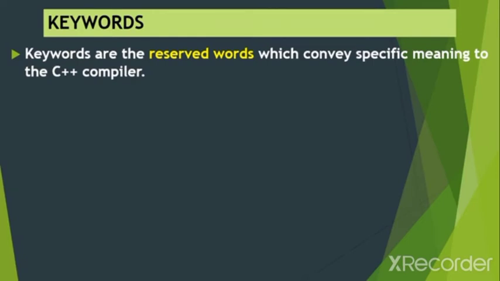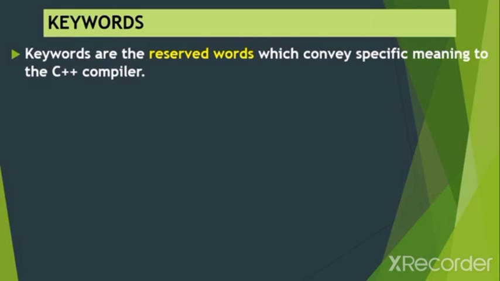That translating program is the compiler. So the compiler converts the high level language C++ code that we type into machine language. After that, the computer reads that machine language and performs the task. After the task is finished, again that is converted into the high level language. So this is the basic procedure.